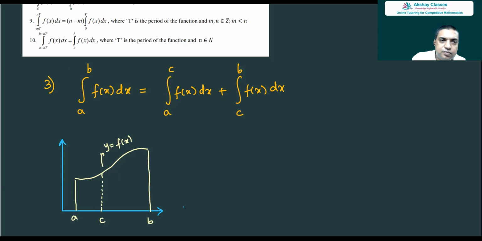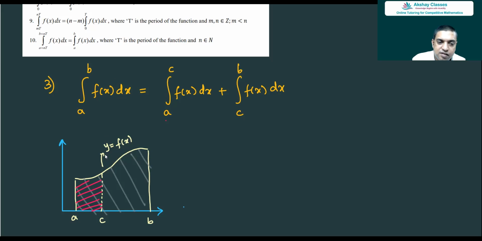So now integral a to b f of x dx is talking about this total area. Integral a to c f of x dx is talking about this red area, red striped. This one is pencil stripe, this is red stripe.